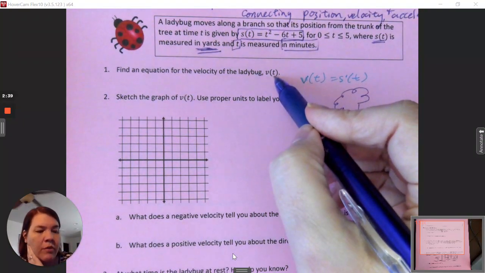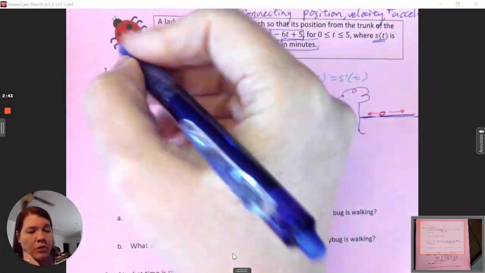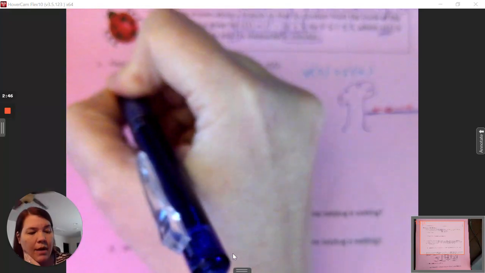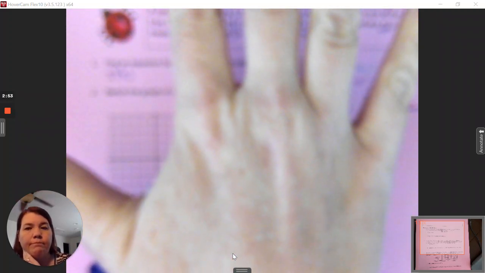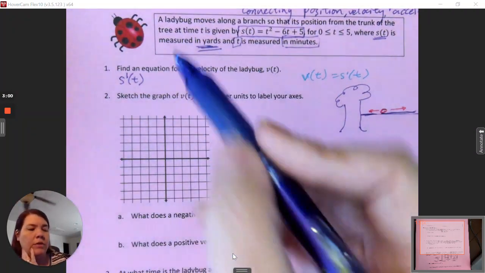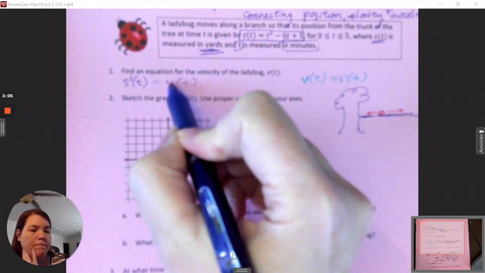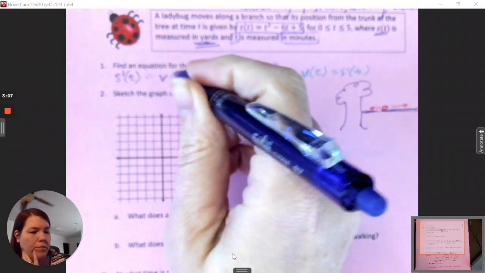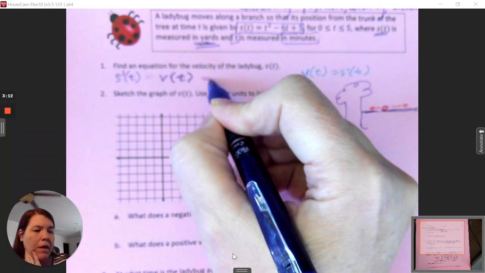So, find an equation for the velocity. Now, velocity is equal to the derivative of position. So there's my position equation. So I'm going to go ahead and do S prime of t, which is equal to v of t, and so we're taking the derivative.